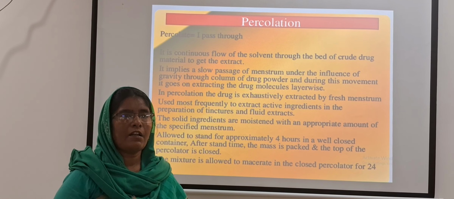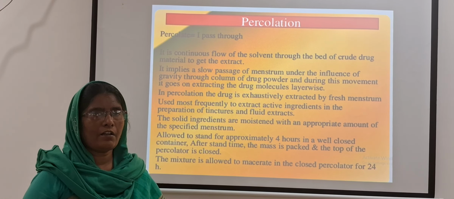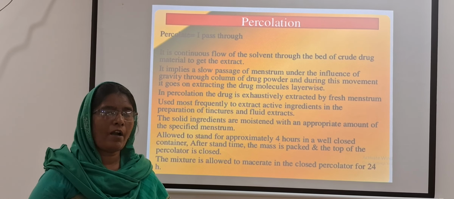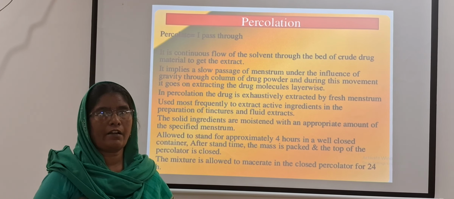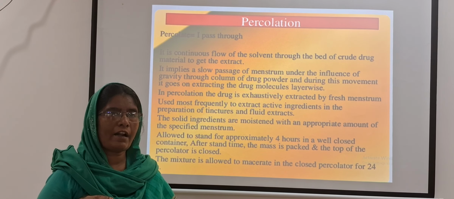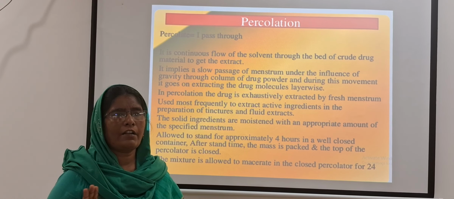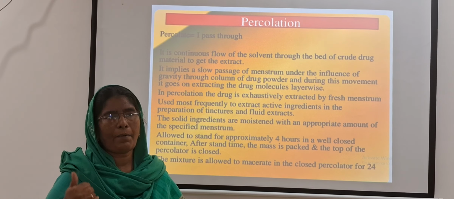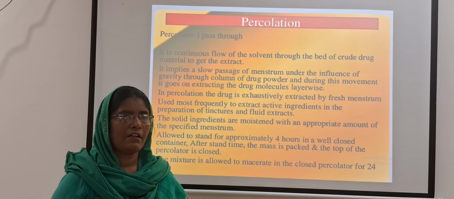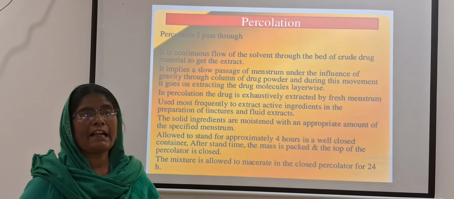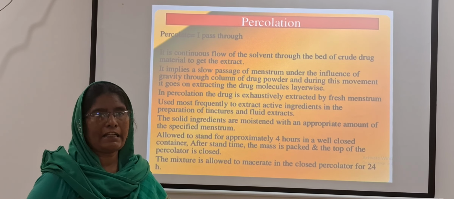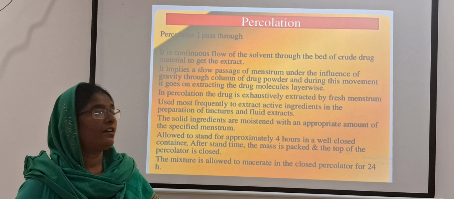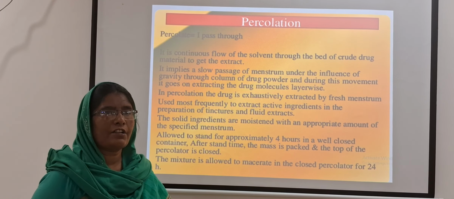Hot infusion means adding the crude drug to boiled solvent, for example boiled water, waiting for 30 minutes, then filtering and evaporating the filtrate to dryness to get the extract. An example is green tea, which is prepared by the infusion method.